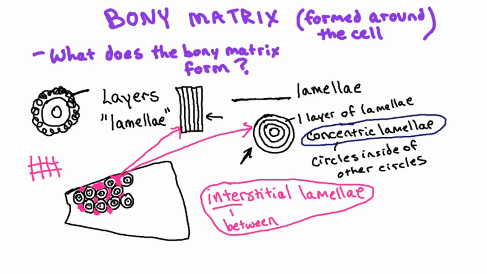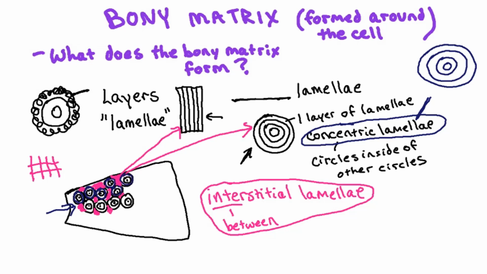And when you put a lot of those layers of concentric lamella together, getting larger and larger as you go outward, eventually it stops making concentric lamella, and that's it. It's just like as I drew down here, they end up making a unit that's just so big, and then they fit all these units together inside of the compact bone.